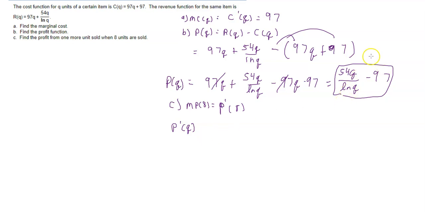So I need to take the derivative of this function here. Now, I have two parts here. I have the derivative of this part, 54Q over ln of Q, minus the derivative of 97. Now the derivative of a constant is 0. So this part will just be 0 in the derivative. So what I'm going to do is focus on this quotient.